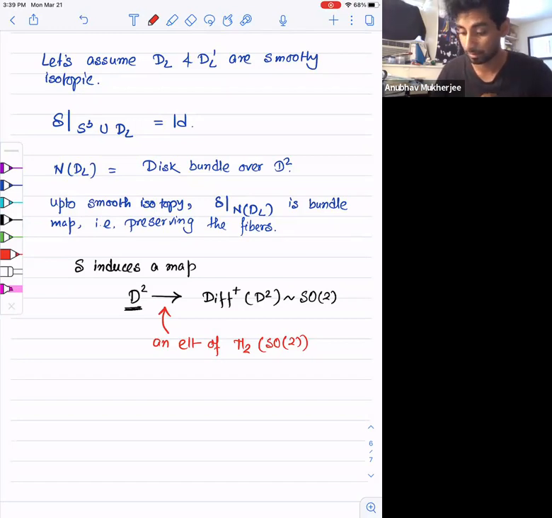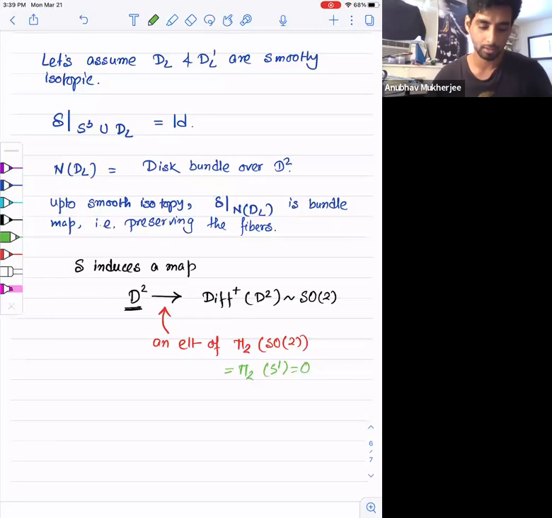The interesting thing is that SO2 is homotopy equivalent to S1. So this is pi2 of S1, which is trivial. That means this map is in some sense trivial.